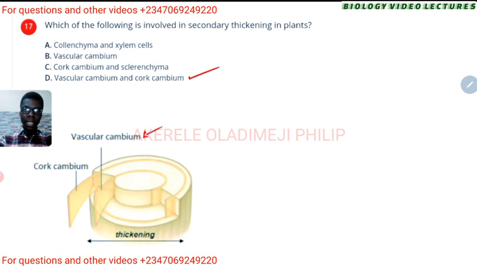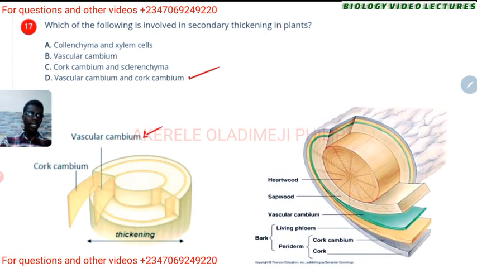Vascular cambium forms xylem and phloem, really in a hard way, majorly, especially xylem. Then cork cambium. All right, so this is another diagram showing you vascular cambium and cork cambium. You can see how hard, especially this outer part, is your cork cambium. All right.